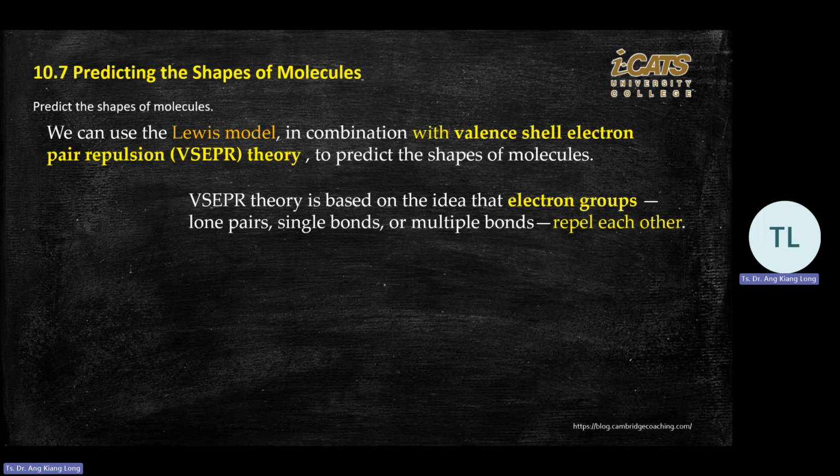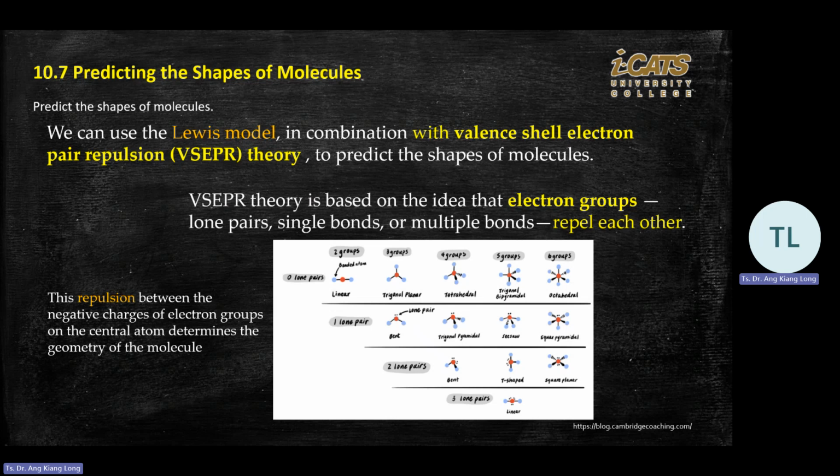So the theory just means that if you have lone pairs, they will repel each other. The repulsion between the negative charges and electron groups of the central atom determine the geometry of the molecule.